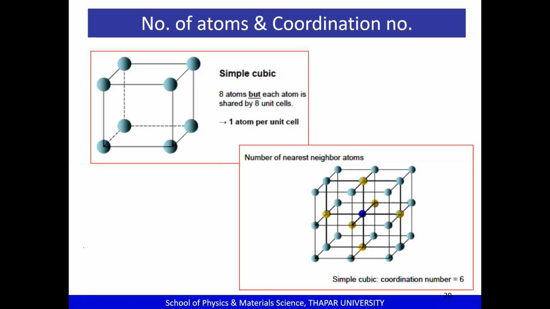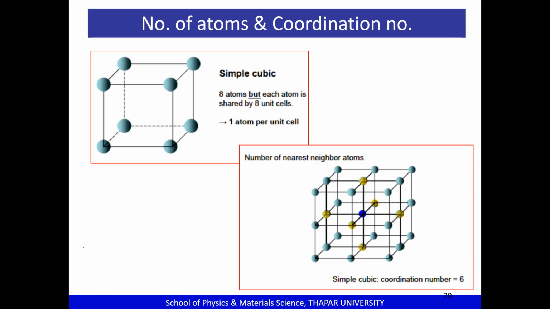If I look on the right, I see one yellow atom. If I look on the left, there is another one. If I look on the front, there is another yellow one. If I look on the back, there is another yellow one. On the top, there is one yellow. On the bottom, there is also one yellow lattice point. So vis-a-vis the blue one, you can see there are 6 yellow dots at equal distance.